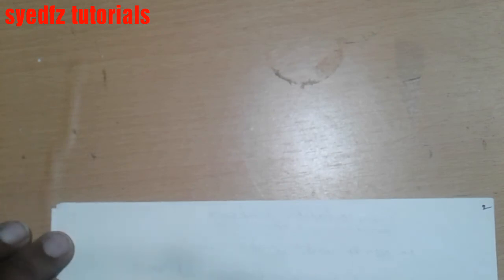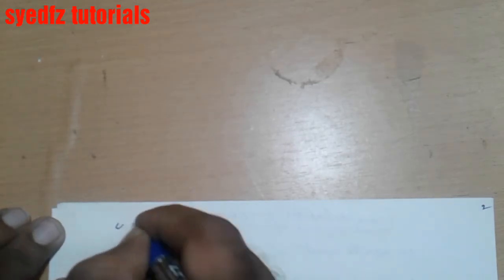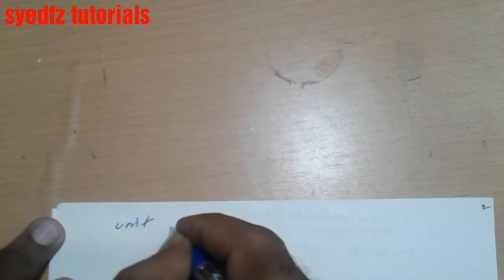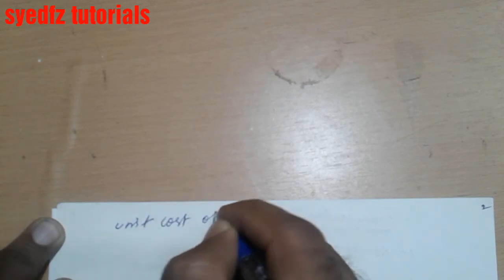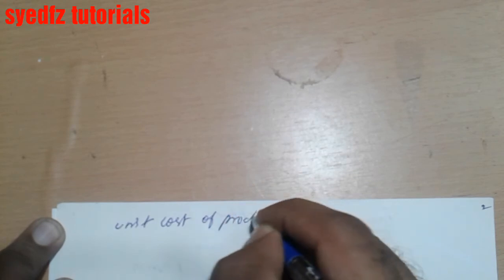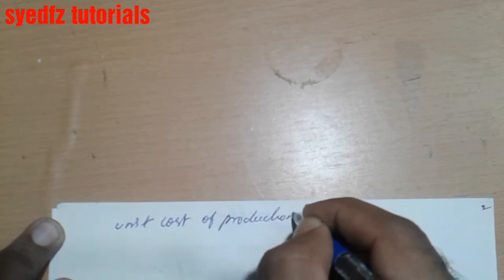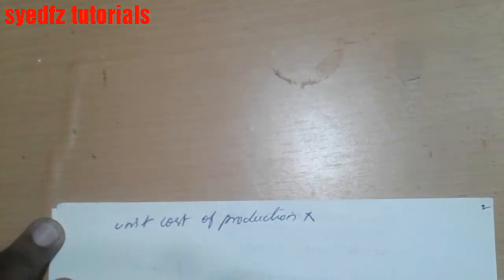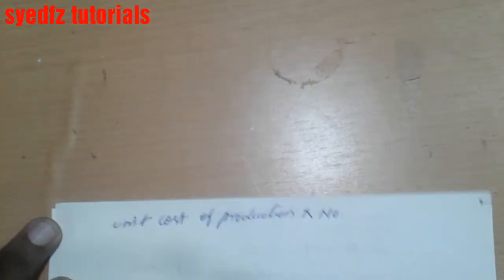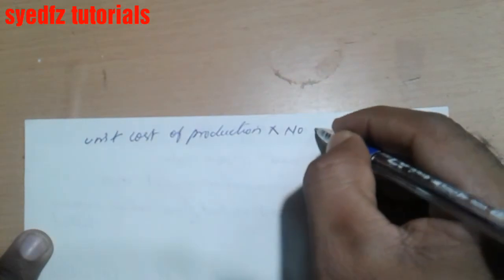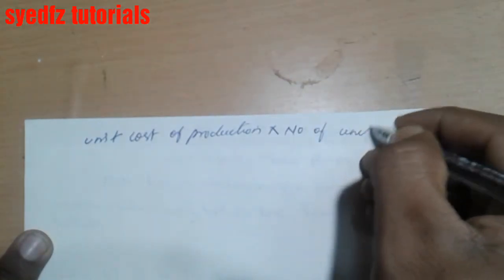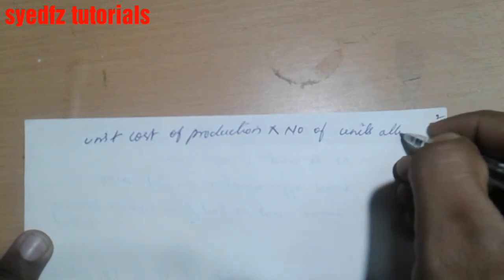You have to multiply the unit cost of production into the number of units allocated.